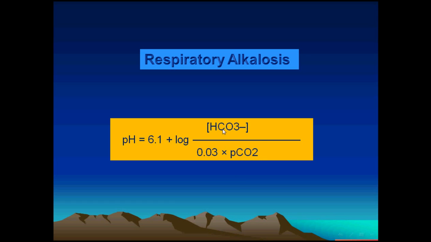In this case, loss of 1 milliequivalent of bicarbonate will be associated with washout of 1.3 millimeter mercury of carbon dioxide. So these are the ratios, so we can understand the difference through these formulas and at the same time through the clinical picture.